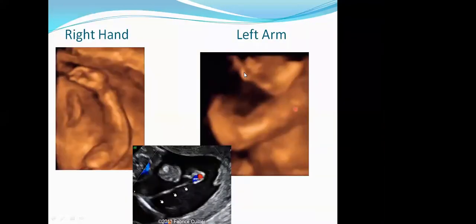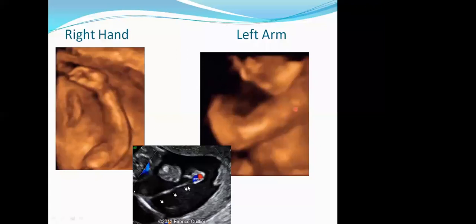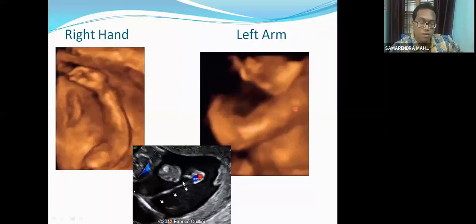On further examination, in the lower grayscale image, we are able to see a band of the amniotic membrane coming from the surface of the uterus to the affected area, the upper limb. The right hand is present and the left hand is absent.